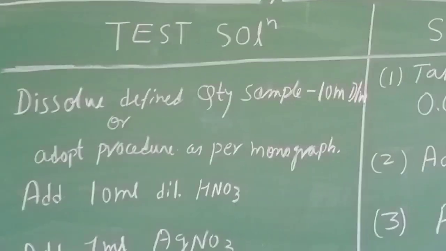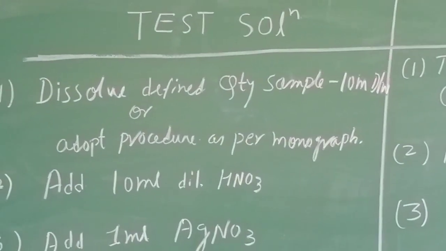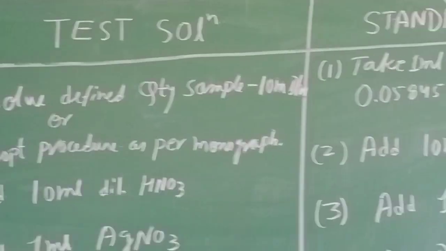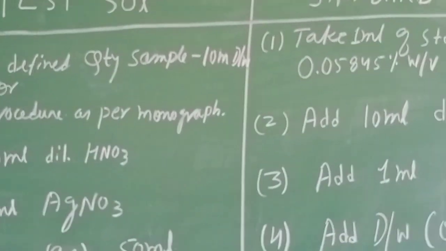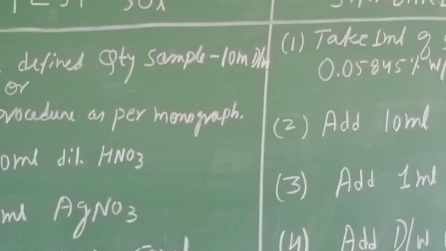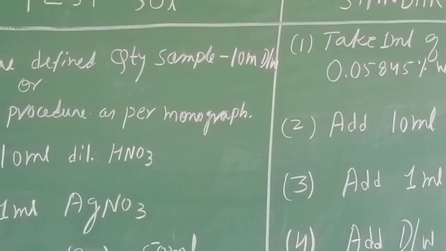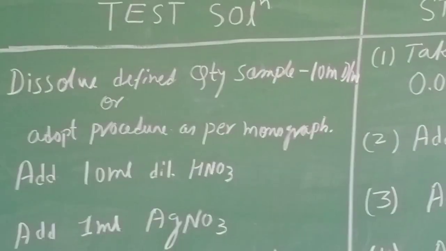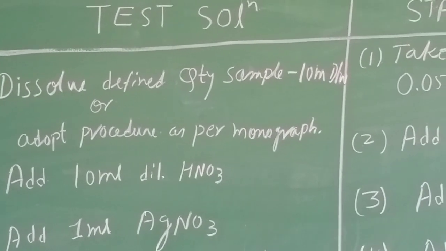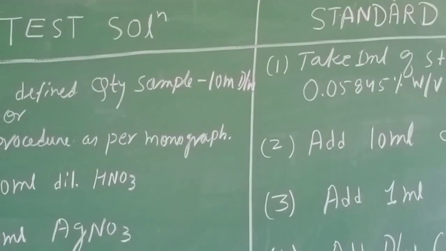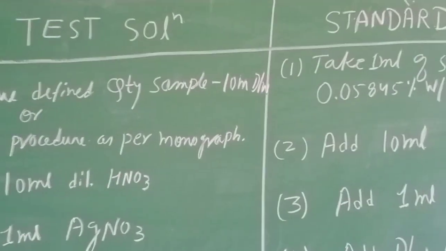Now, as I said earlier, the limit test of chloride is based on a simple chemical reaction, and the net outcome of that reaction is visually compared in order to rule out the result.